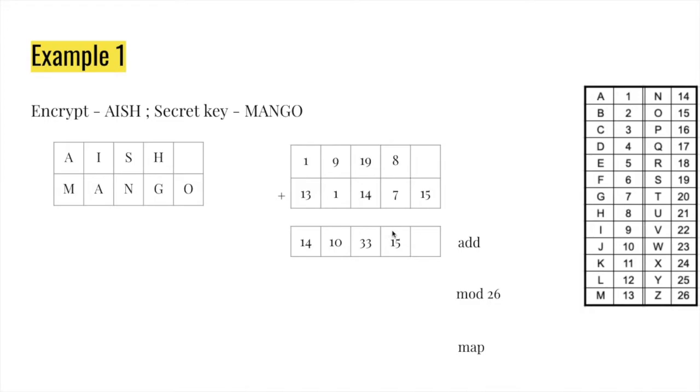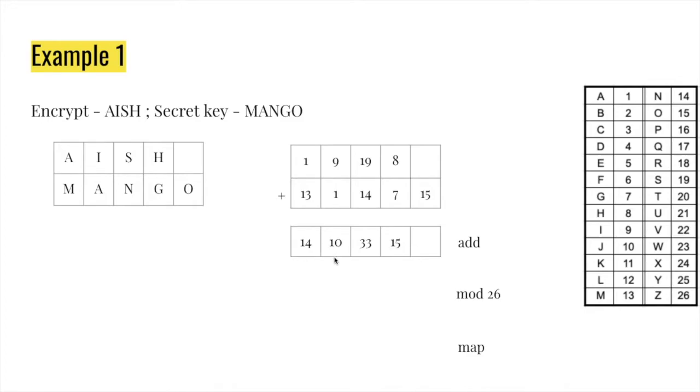Now the next step is to take a modulus of 26. So what we have here, 14 mod 26 is 14, because we can have quotient as 0 and the remainder as 14. So 26 into 0 plus 14 gives us 14.